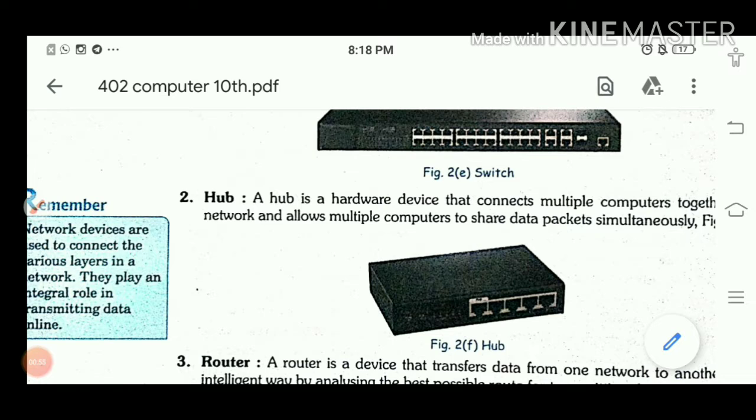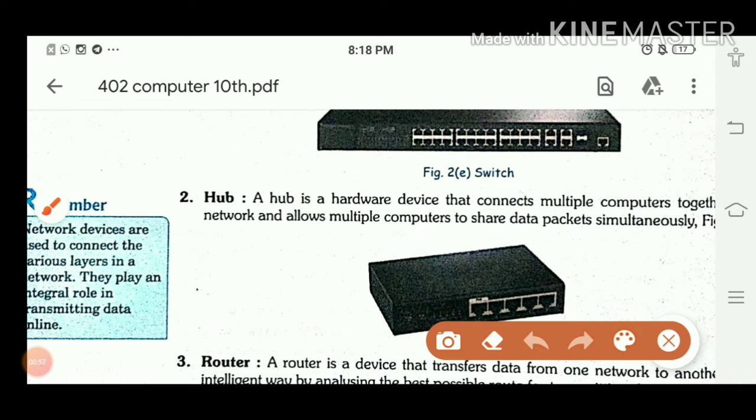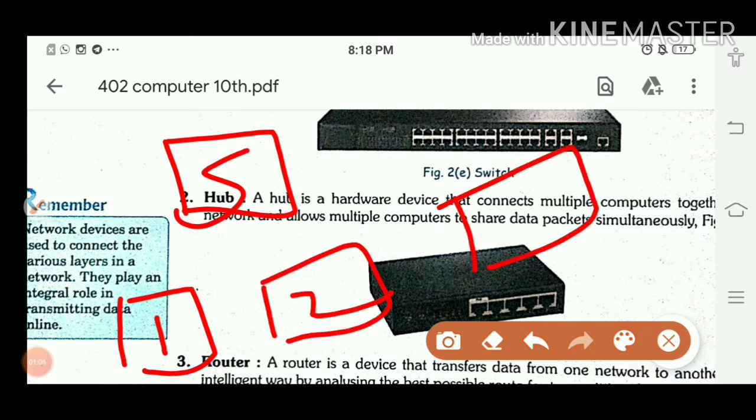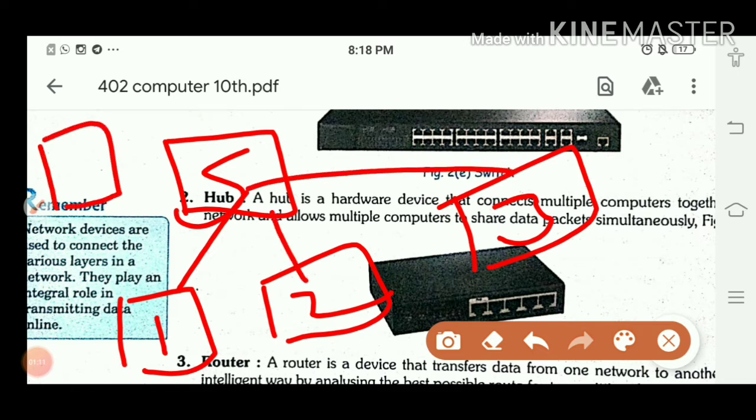Why dumb switch? Because in a switch, suppose this one is the switch, and here node 1, node 2, and this one is node 3. All three nodes are connected to the switch, so the network is made. And this switch is also connected to the server. Now node 2 is requesting something from the server.